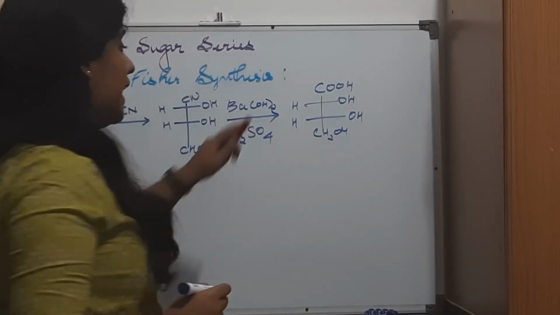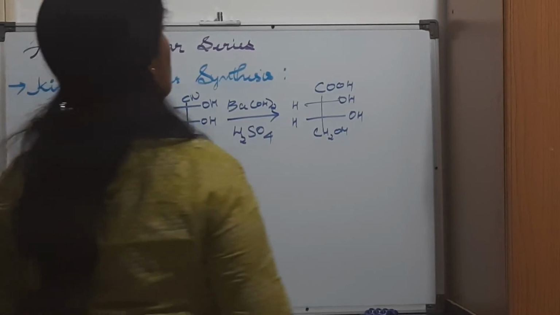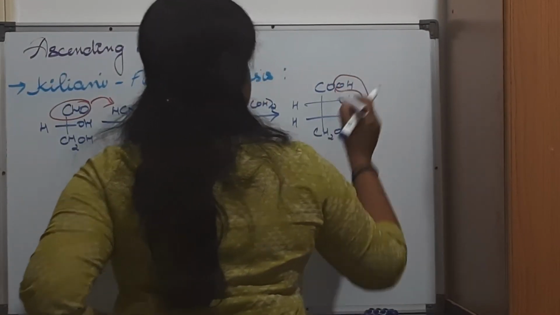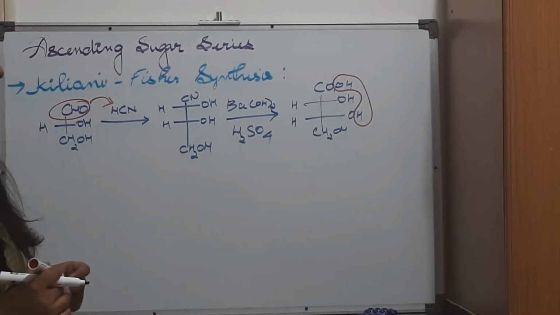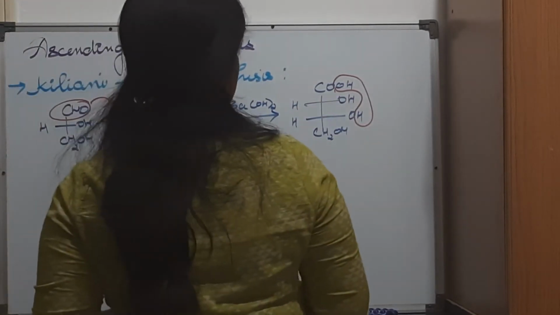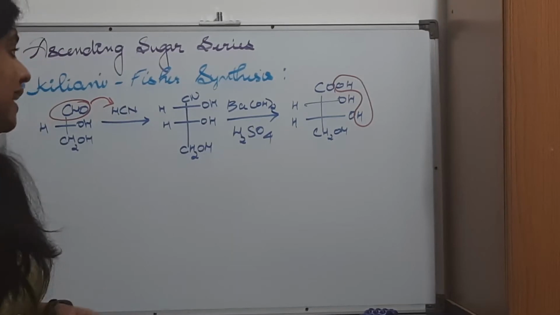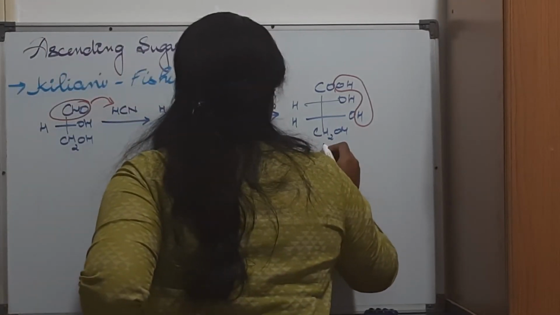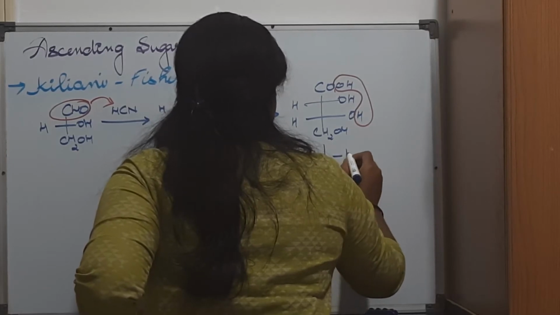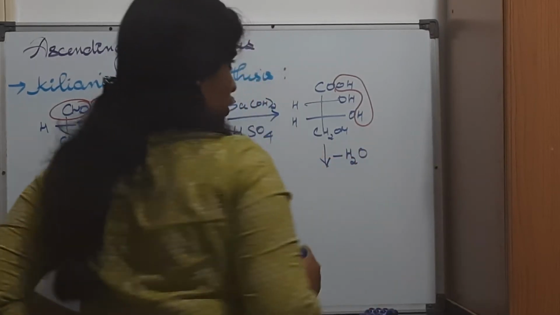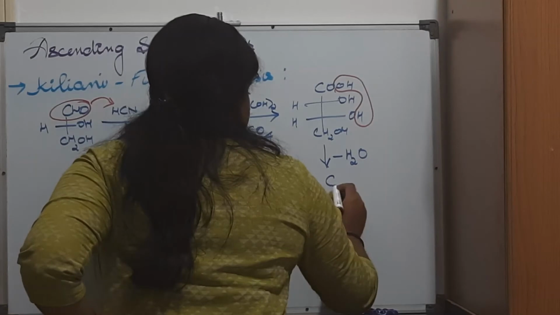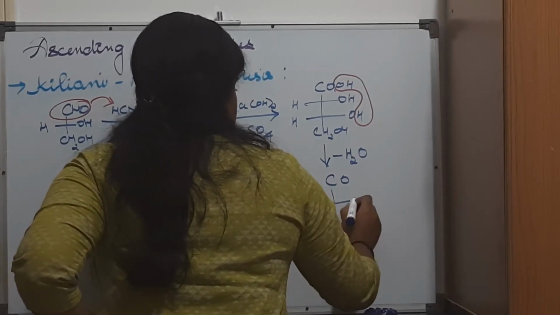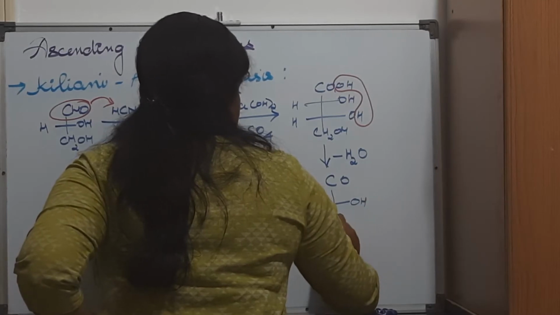Now, in the next step, what happens is a water molecule gets eliminated. From COOH, that OH, and from one of the OH, H goes, and lactonization takes place, giving rise to a gamma lactone. This is like the water molecule goes off as minus H2O, and what is remaining is CO, H, OH.